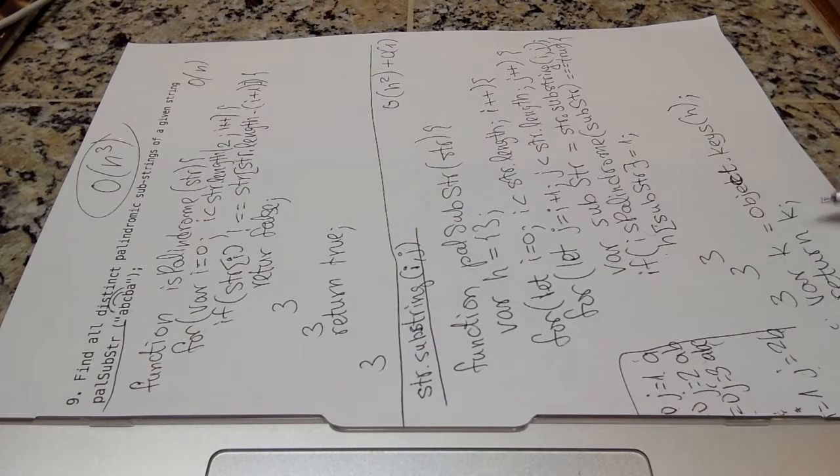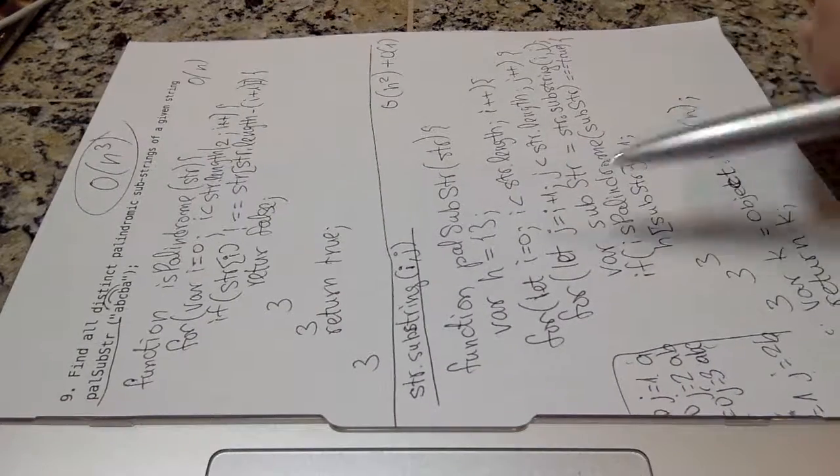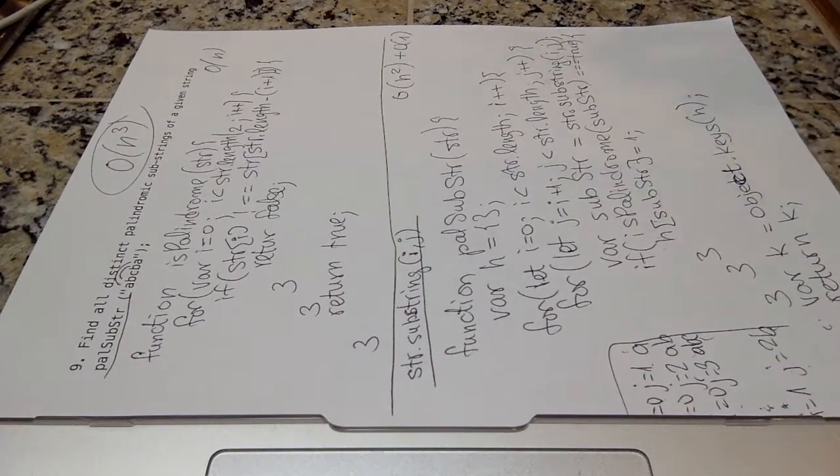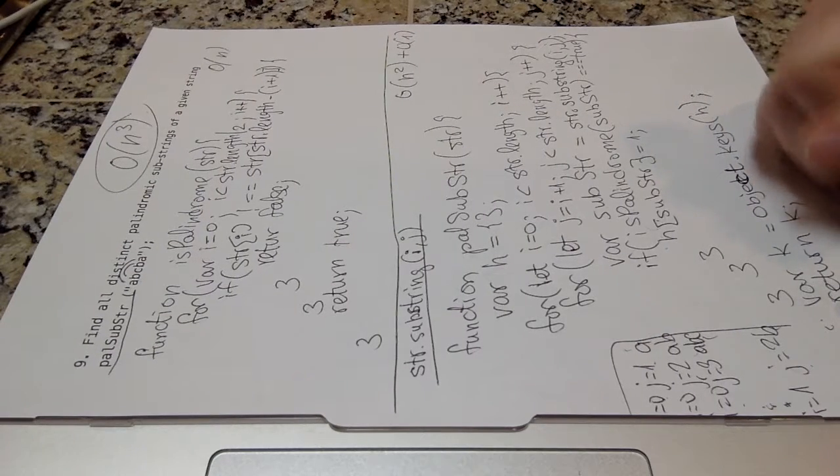It's supposed to be an array of the keys in my hash, which are the substrings that are only palindromic. I need to call my function, so I will call it now.